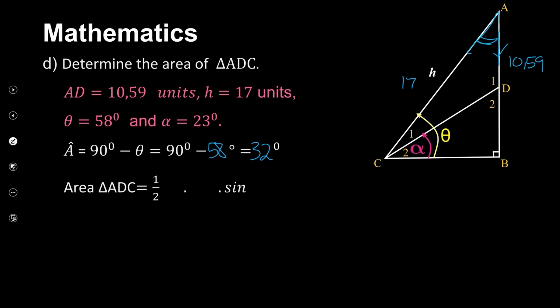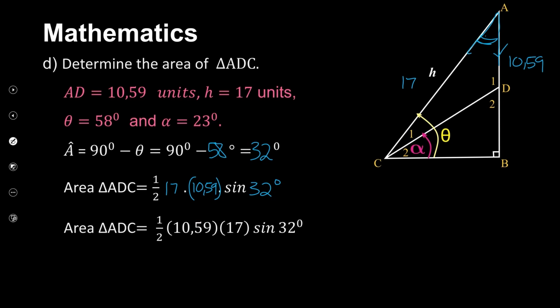Okay, so area of ADC will be half of 17 times 10,59 times sine of 32 degrees. Okay, putting that into our calculator, we're going to end up with area of ADC to be 47,70 units. So this question was just substituting into whatever we found earlier. It should have been pretty simple then.